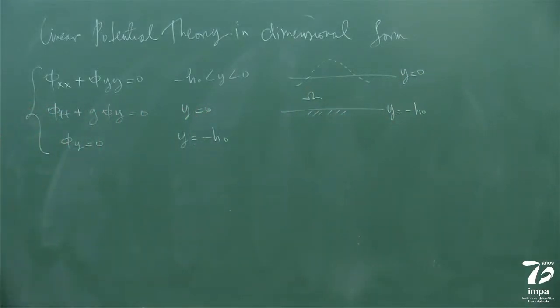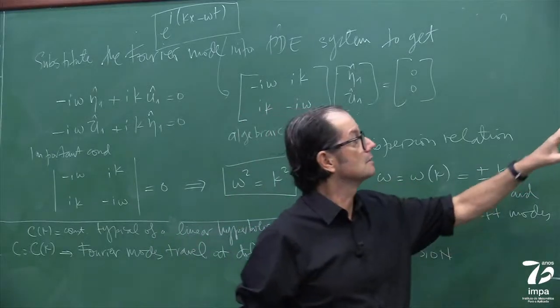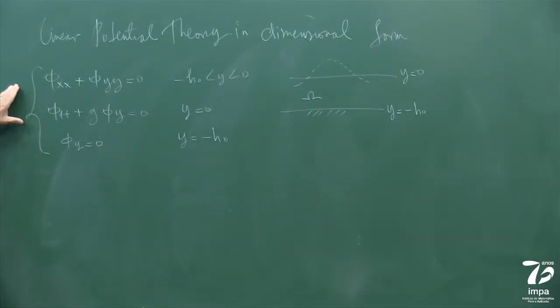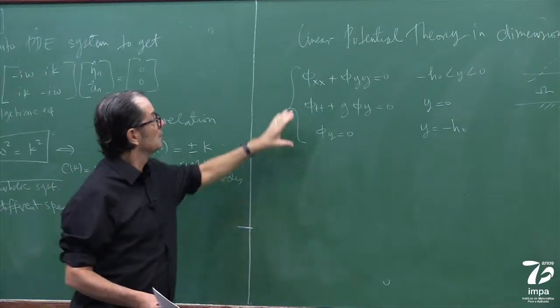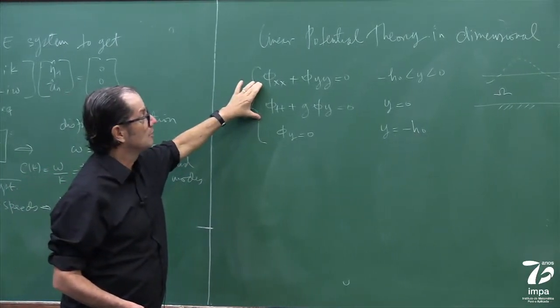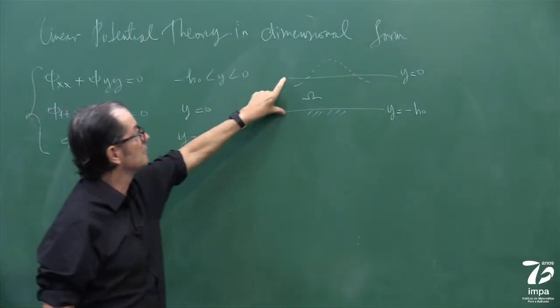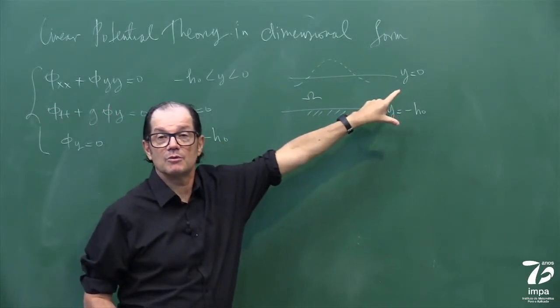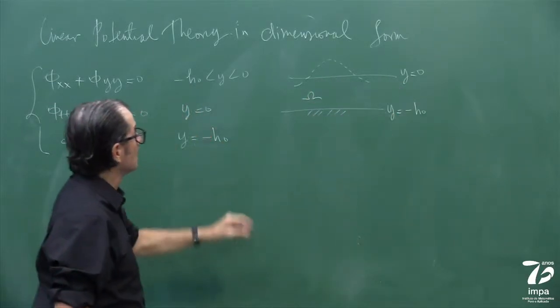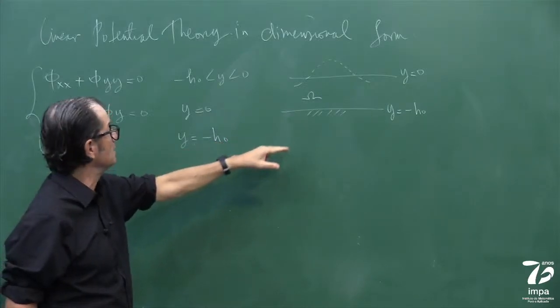If you take the potential theory in dimensional form and you linearize it, you throw away the terms where the alpha would appear. This is the problem you have to solve in the strip, the fixed domain. Remember, it's not really a free boundary problem. I'm considering the flat bottom case.